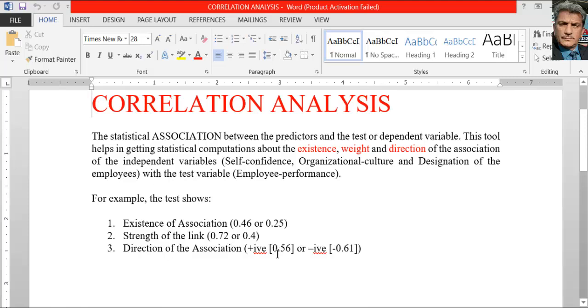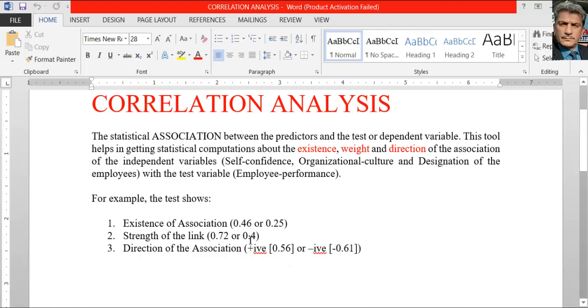For example, if the result is 0.56 without any plus or minus sign, then it is a positive relationship. But if the score comes with a negative symbol, like minus 0.61, then the direction of relationship is negative.